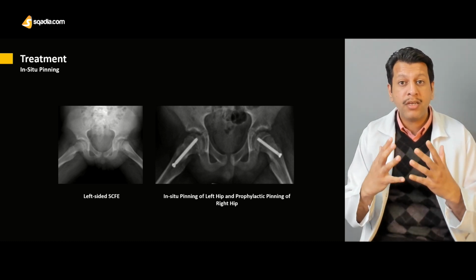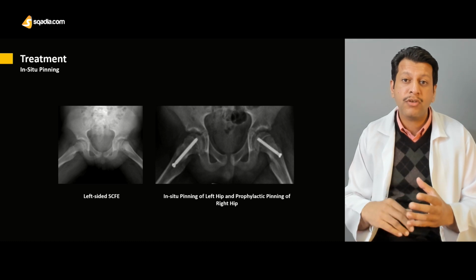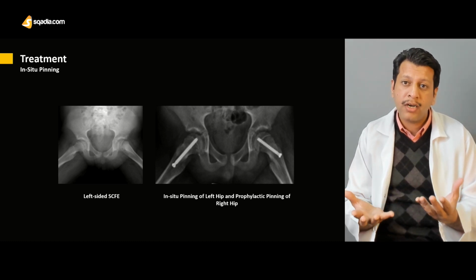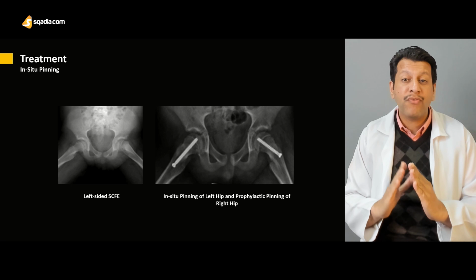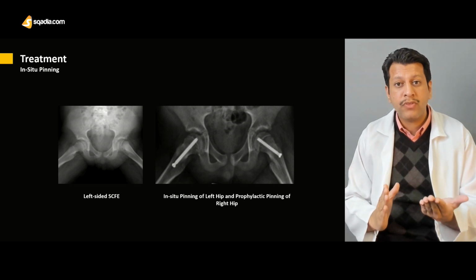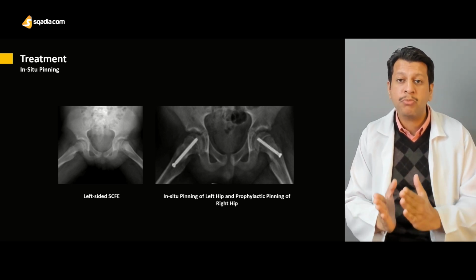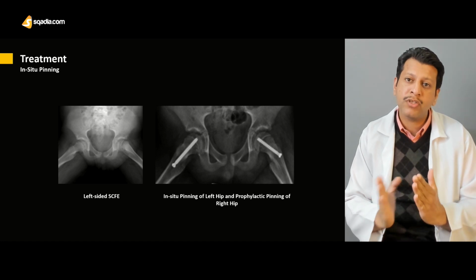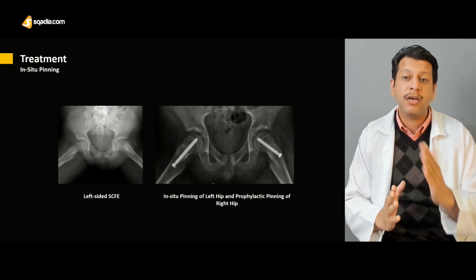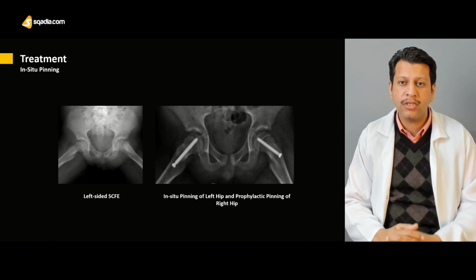Therefore, there will be increased mechanical stress and the patient will eventually develop a slip on both sides. To prevent the development of that slip during the pubertal spurt, we go for prophylactic fixation of these patients if they present early and with associated risk factors.